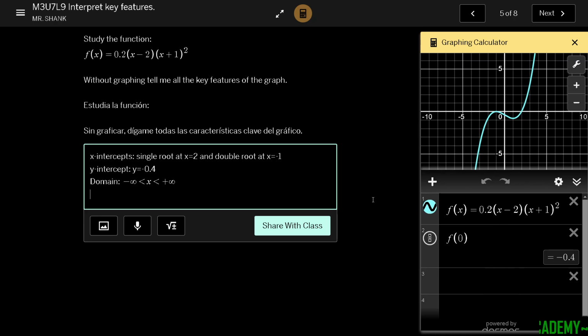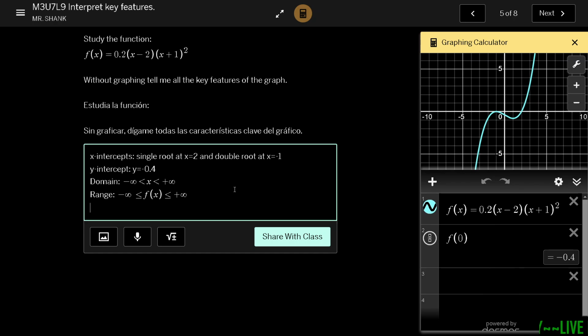Same thing for range, it keeps going down and keeps going up. When you're trying to get these symbols, make sure you're hitting the type math button, which will let you type in the pieces you need. So I'm going to say negative infinity less than or equal to f of x less than or equal to positive infinity. That's going to be our domain and range.